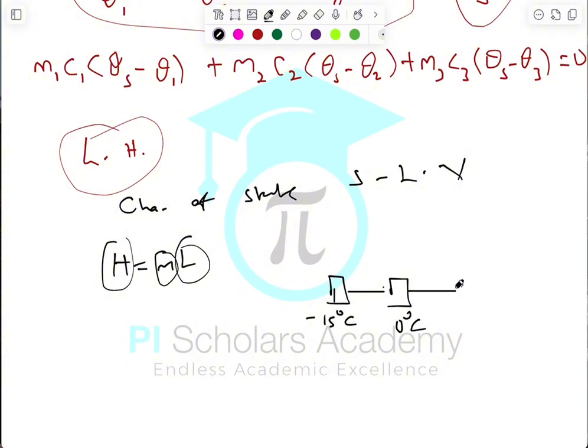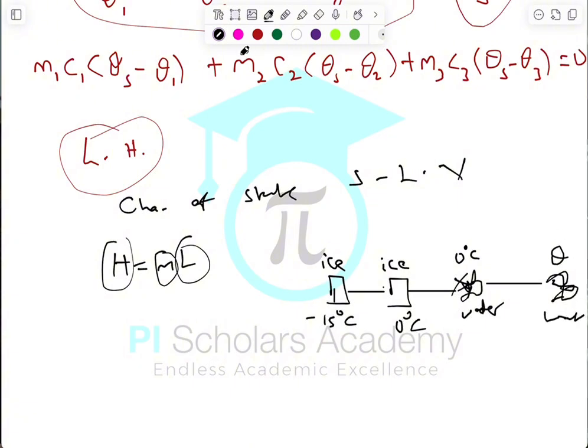Then the 0 degrees Celsius ice, which is still ice, you convert to 0 degrees Celsius water. Then you can raise this water to a temperature of your choice, let's say an arbitrary temperature theta. So this is water now.